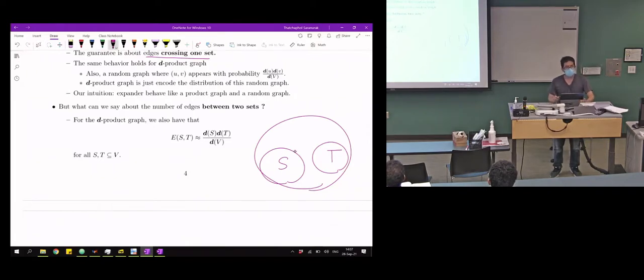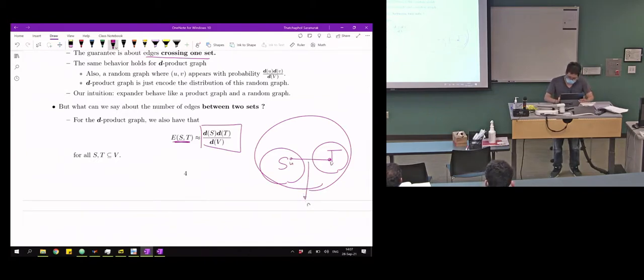In the product graph, what would you have? The number of edges between S and T would be something like this number, right? You remember the definition of the product graph, right?